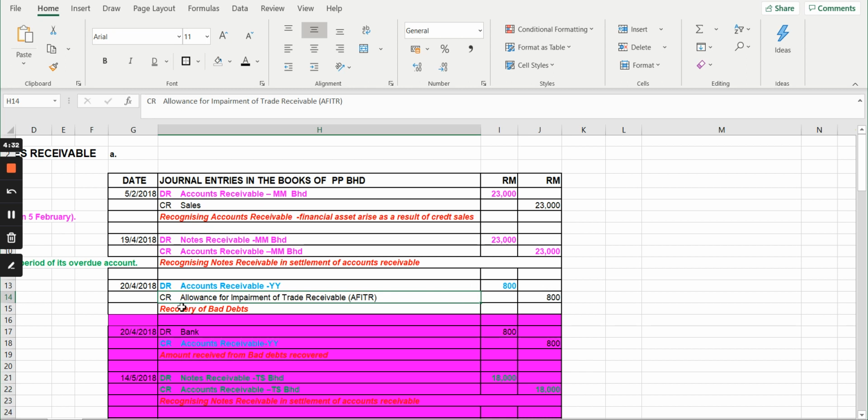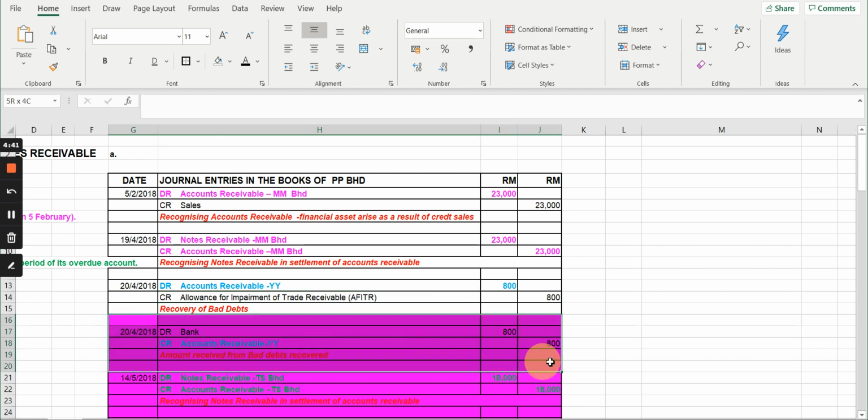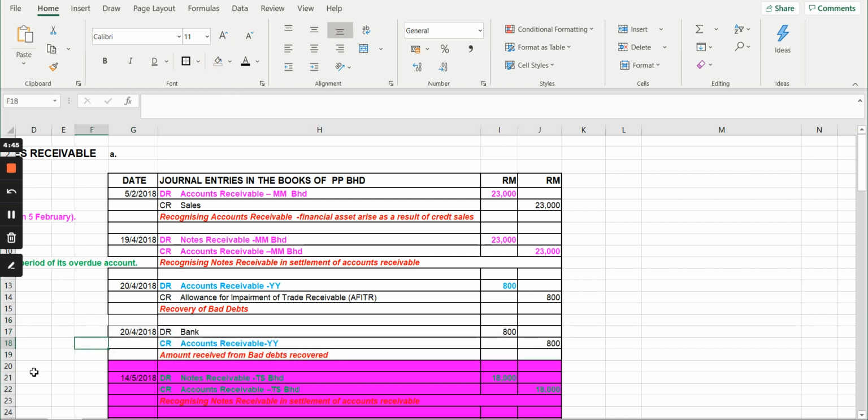And this is the reverse of the journal entry to write off the bad debt. So this is to record the recovery. And the second journal entry is for you to record the payment that you receive. To record the payment, just debit the bank or cash account and credit the accounts receivable.